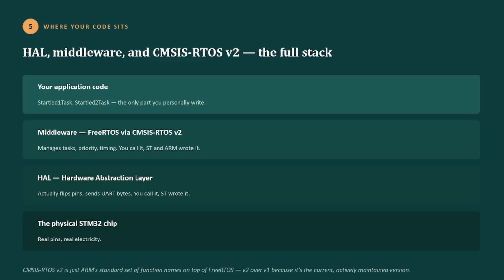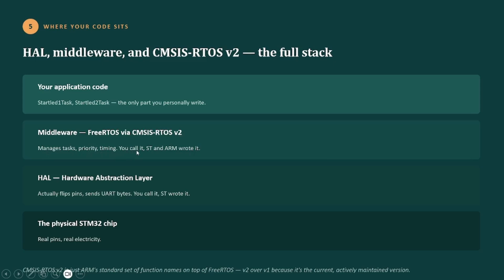Now HAL, middleware and CMSIS-RTOS version 2. Till now we have developed different projects where we wrote our applications. That is our application code. Now for this specific RTOS series, we will use middleware. In Cube IDE itself, we will configure this middleware. We will enable RTOS, FreeRTOS, via CMSIS-RTOS version 2. Basically, it will manage task, priority, timing, everything.